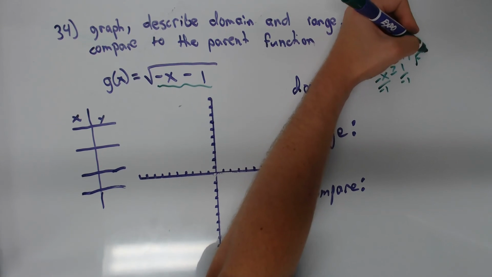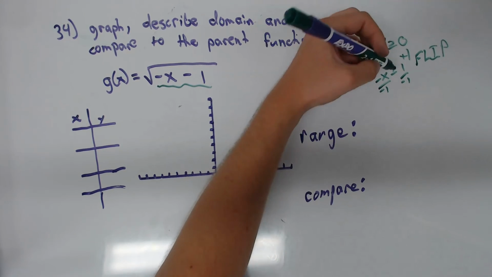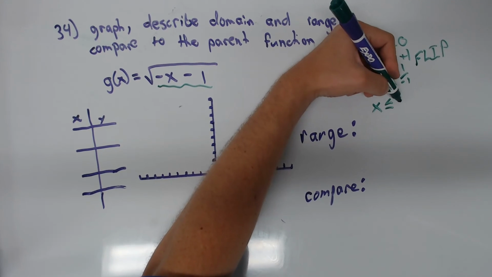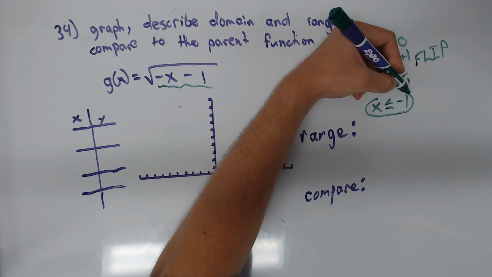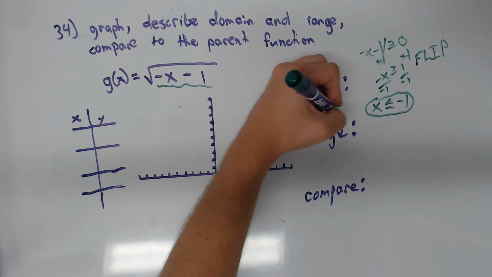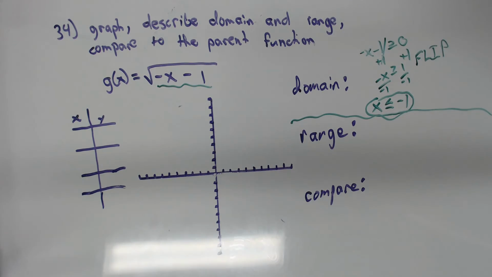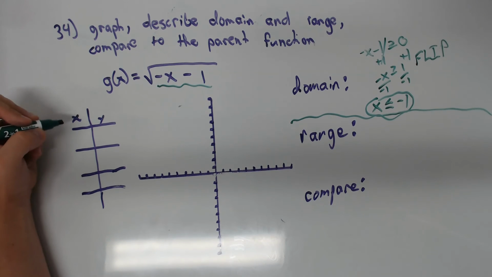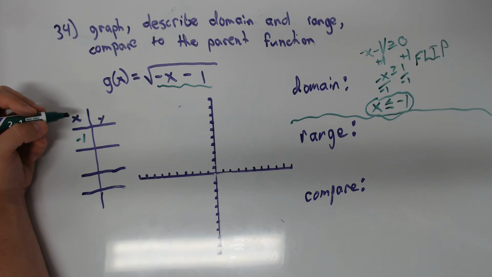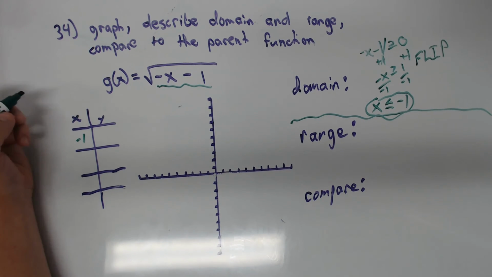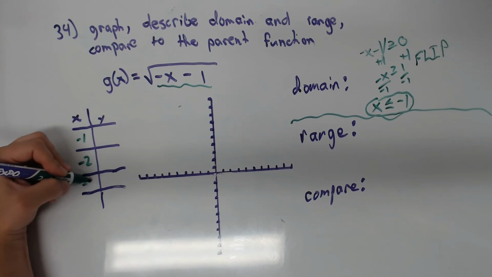So flip. And we end up with x less than or equal to negative 1. So that's domain. Draw a squiggly there so it's obvious it's not range. So we start with negative 1, and then we work our way down because we're supposed to be x less than or equal to negative 1.